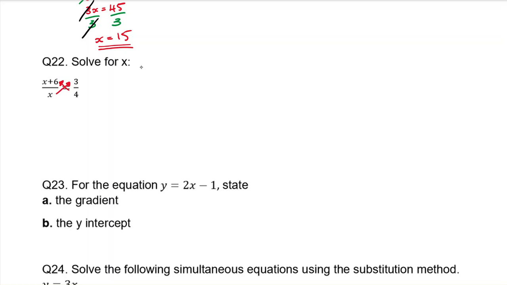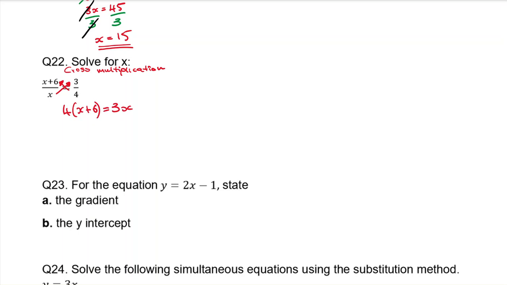So this method is called cross multiplication. You can only do it when you have an equal sign in the middle of these two fractions. Okay, so that means 4 times x plus 6. So I'm going to put the x plus 6 in brackets. Should be equal to 3 times x.